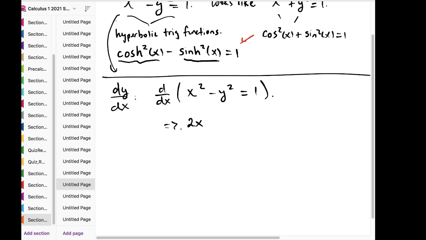Derivative of y squared: did you forget something, or dy dx? Good. And what is it equal to? 0. Okay, solving, we get dy dx is equal to x over y.